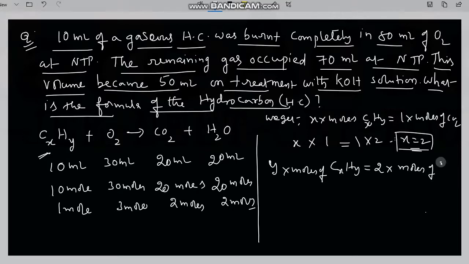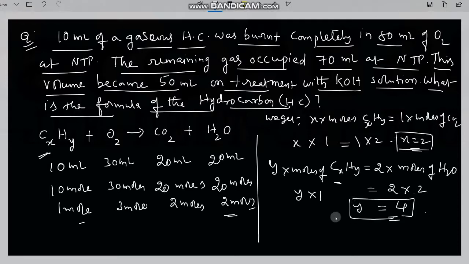As the number of moles of water in the equation we have is 2, and moles of hydrocarbon is 1, so Y into 1 is equal to 2 into 2. So Y is equal to how much? 4. So the Y value we got is 4. Therefore, the hydrocarbon CxHy is nothing but C2H4.